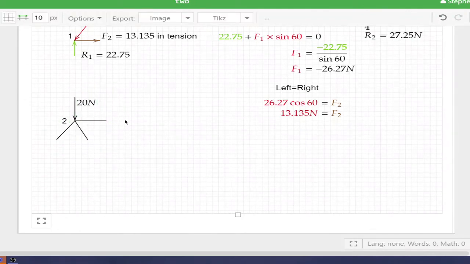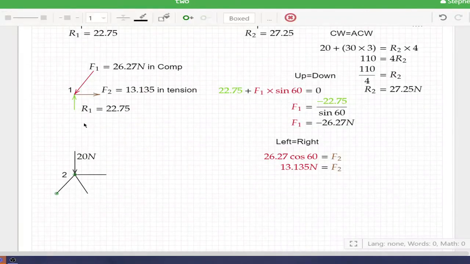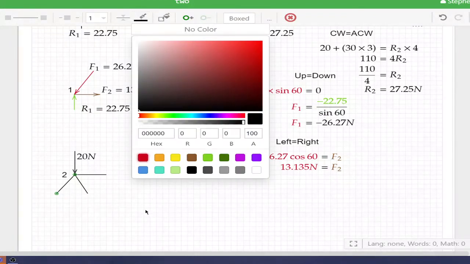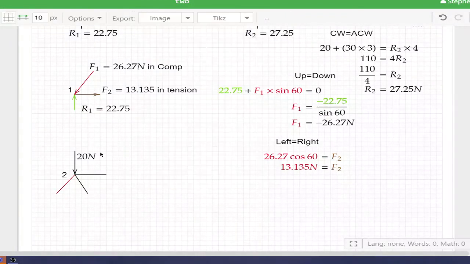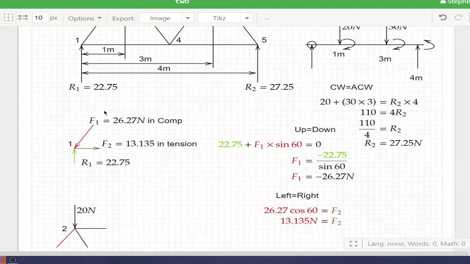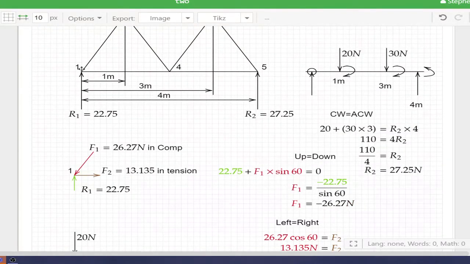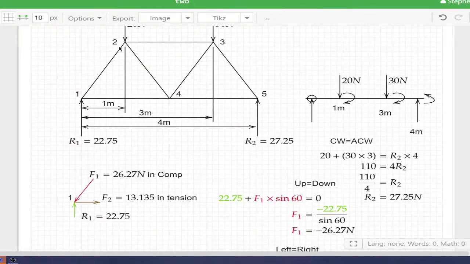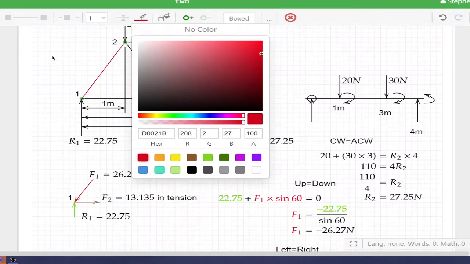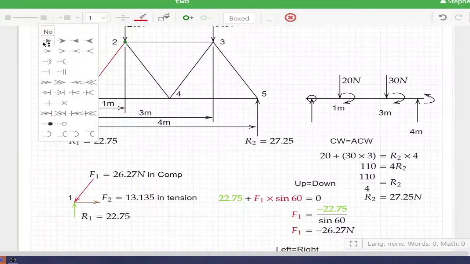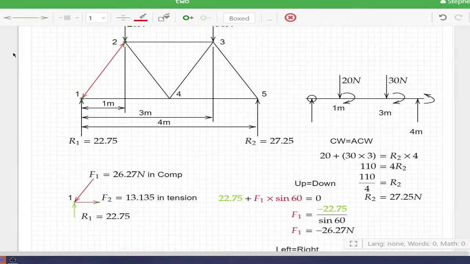What we know is that this line is our F1. But if we look here, we've got a down arrow there, so there must be an equal and opposite reaction, which is an up arrow at this corner. Let's color coordinate that and put those arrows on. There, because we must have an equal and opposite reaction.